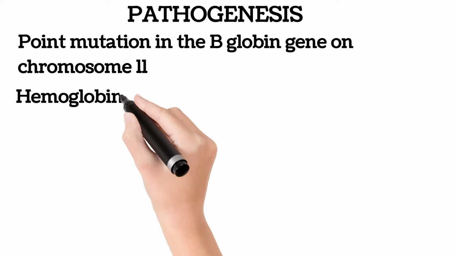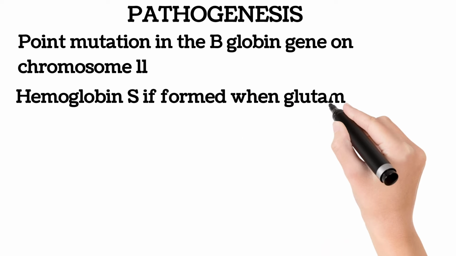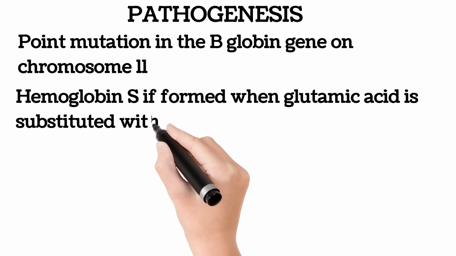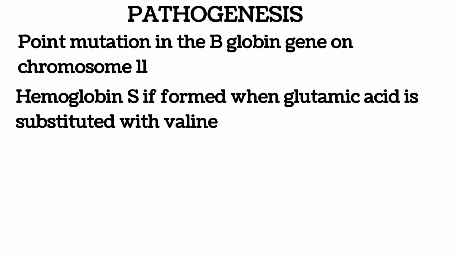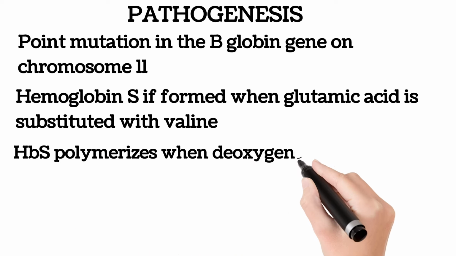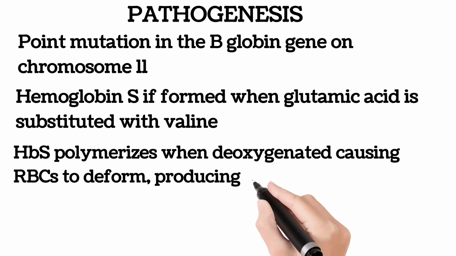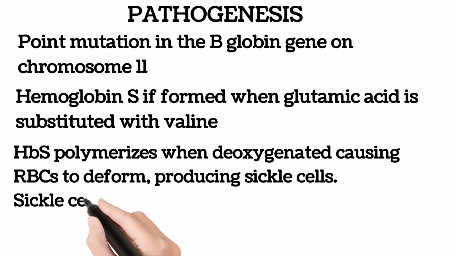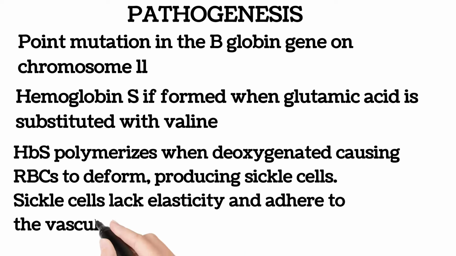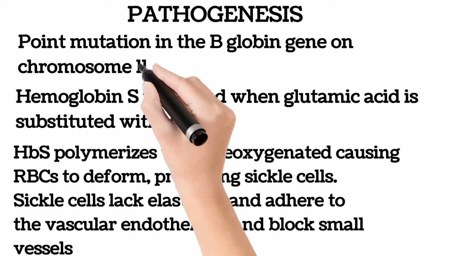Hemoglobin S is formed when glutamic acid is substituted with valine, but hemoglobin C can also be formed when it's substituted with lysine, but it's valine in the case of hemoglobin S. Hemoglobin S polymerizes when deoxygenated, causing RBCs to deform, and this produces sickle cells. Now, these sickle cells lack elasticity, and as a result they adhere to the vascular endothelium and block small vessels.